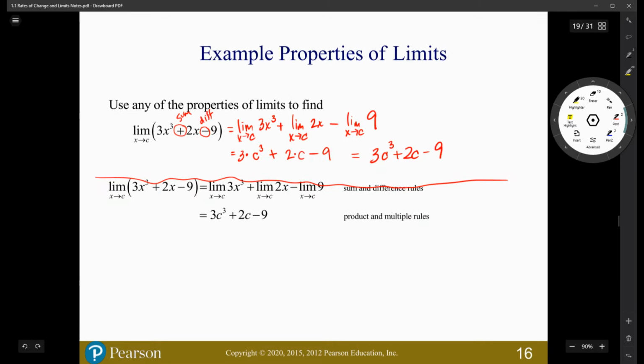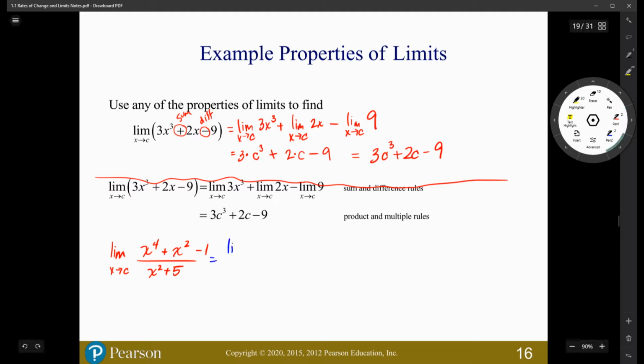Actually, before we move on here, let's do another. How about if we wanted to find the limit as x approaches c of x to the 4th plus x squared minus 1, all over x squared plus 5. All right, well, first of all, this is a quotient of two functions.